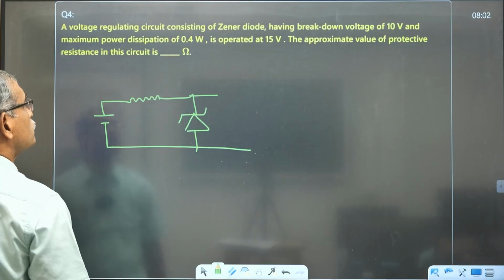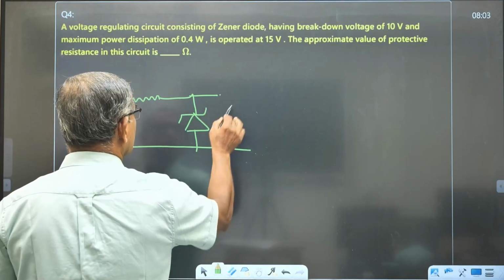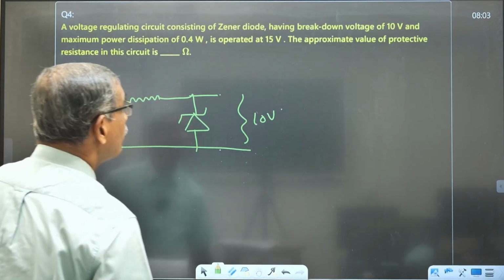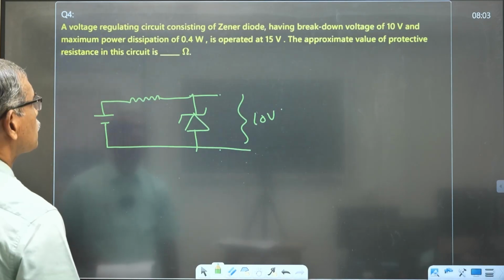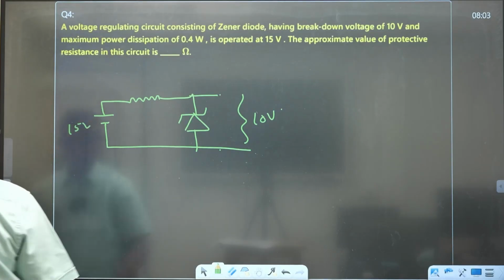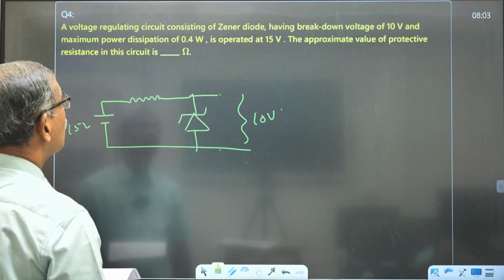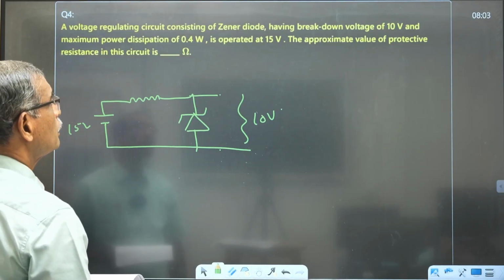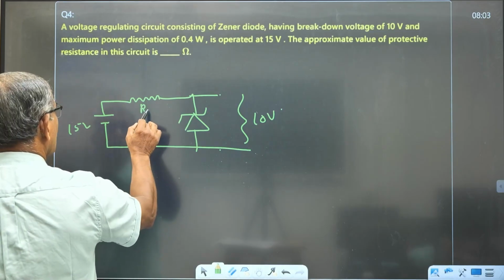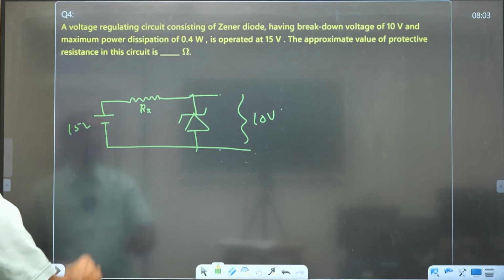Breakdown voltage is given, that means the voltage across this is 10 volt. The operating voltage is 15 volt. We are asked to find the value of the protective resistance, that is RS.